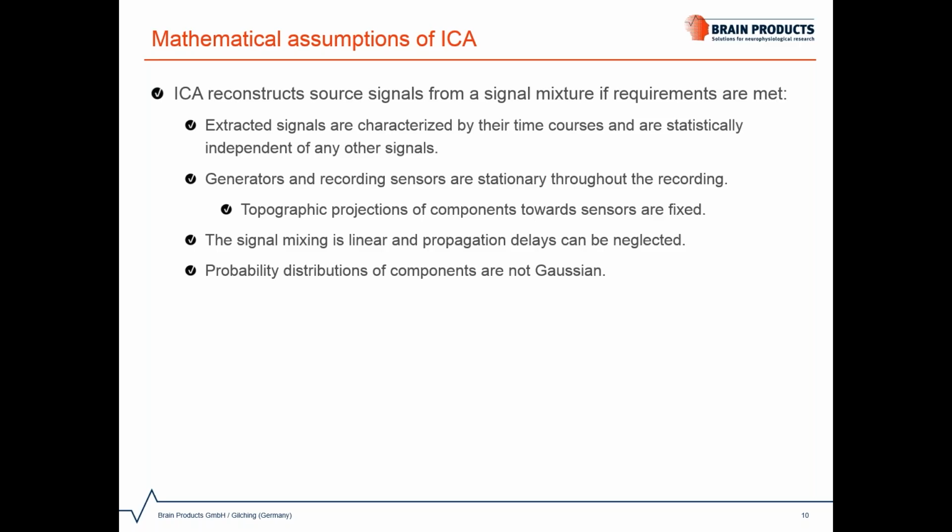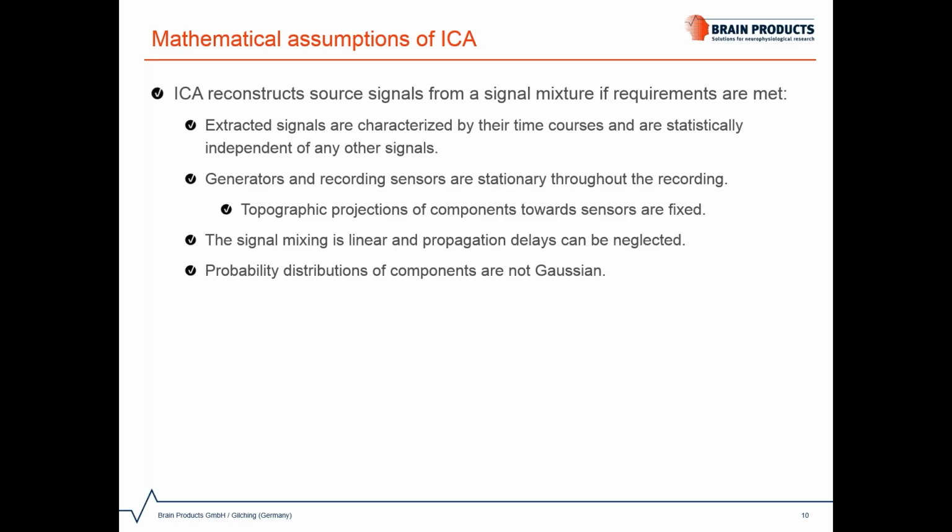The extracted source signals or independent components have a characteristic time course which is statistically independent from any other signal. The core point here is statistical independence, which we will have a look at later. The generators of the source signal as well as the sensors need to be stationary throughout the recording. This assumption should be fulfilled for specific EEG signal parts, as for example non-neural noise sources or the EOG.